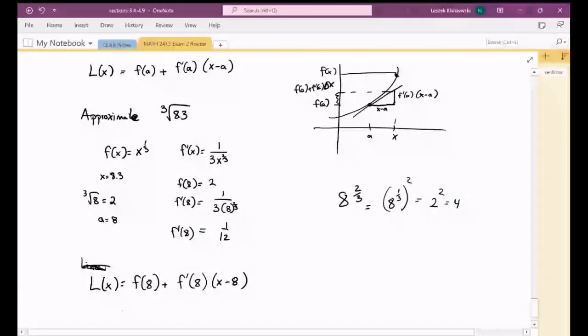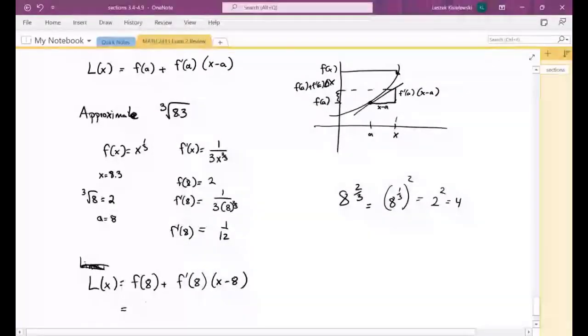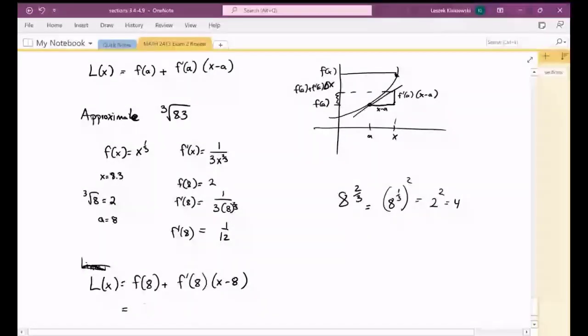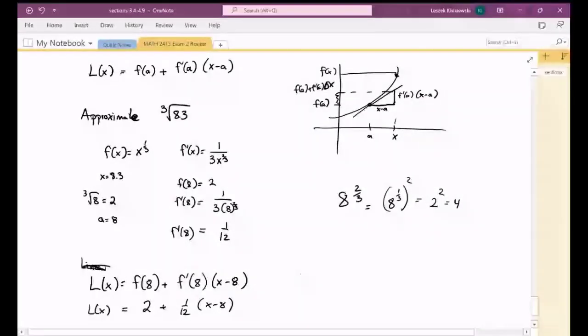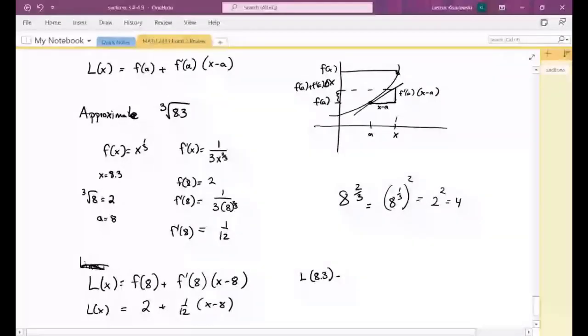Plug in the particulars here. 2, 1/12. So that's our linearization. Now we can plug any x in that's close to 8. Right? The farther away, the worse probably the approximation.